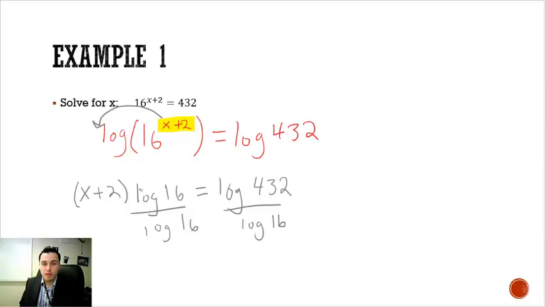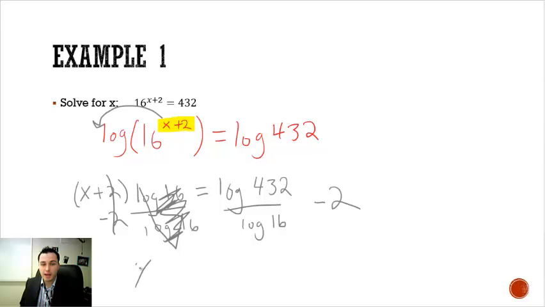Okay, and then that's going to be a crazy decimal. When you divide logs like this, whatever this is going to be, it's some crazy decimal. It's not going to be a fraction. I mean, it would be highly unlikely that it is a fraction. It's possible. So now I just have x plus 2 equals whatever this is. Obviously the last step would be to just subtract 2 from both sides. So whatever decimal this ends up being in the calculator, that's the answer.